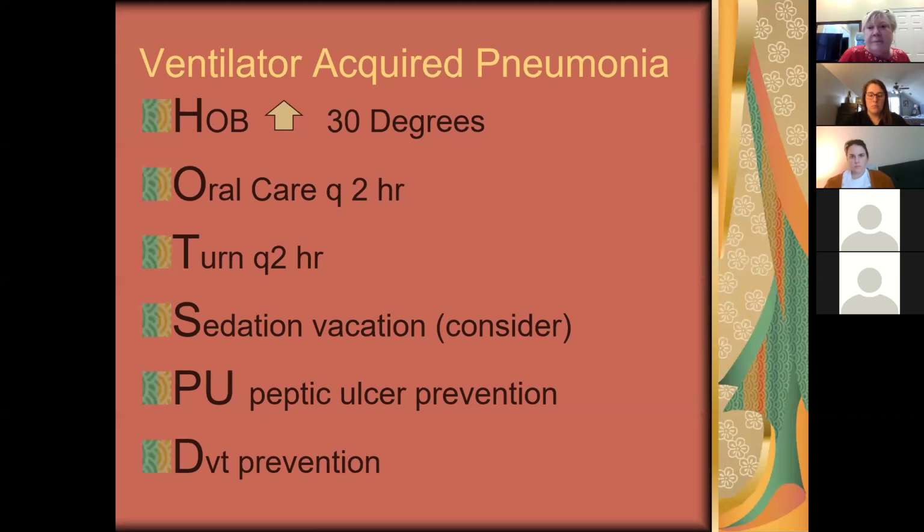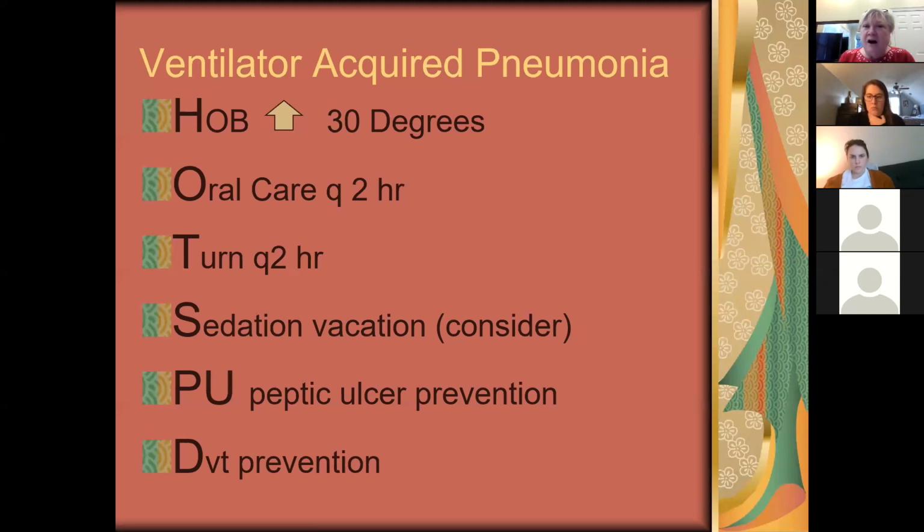They should be on some type of peptic ulcer prevention, which will help with reflux that can contribute to aspiration. And DVT prevention, which is prophylaxis with heparin or enoxaparin, which is Lovenox. So all of those can help with ventilator-acquired pneumonia prevention.